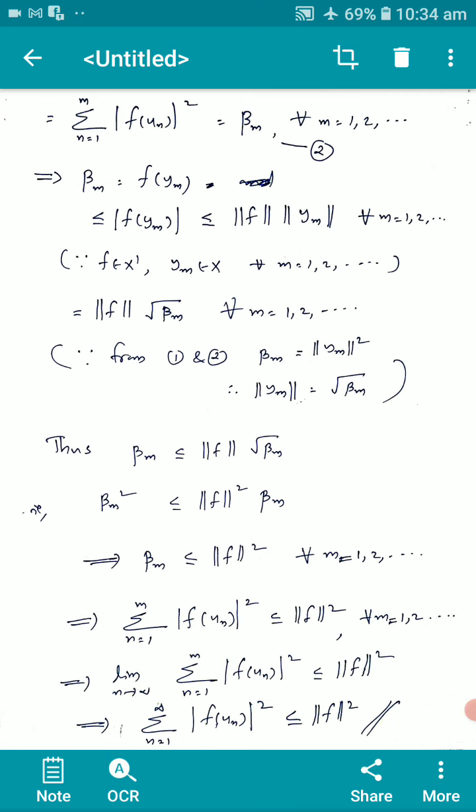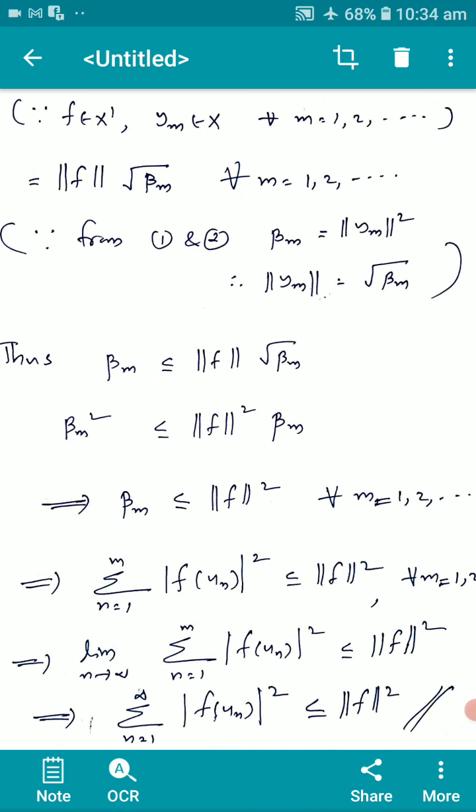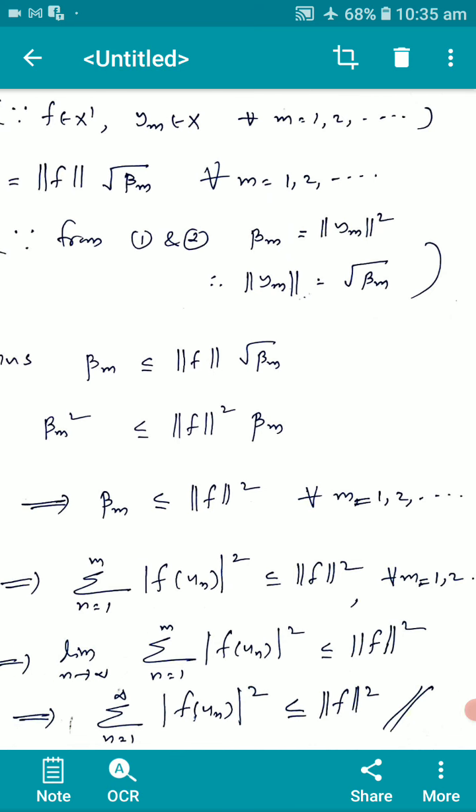Squaring, beta m square is less than or equal to norm f square into beta m, or beta m is less than or equal to norm f square for all m equal to 1 to etc. Replace beta m with sigma n equal to 1 to m mod f un square less than or equal to norm f square.